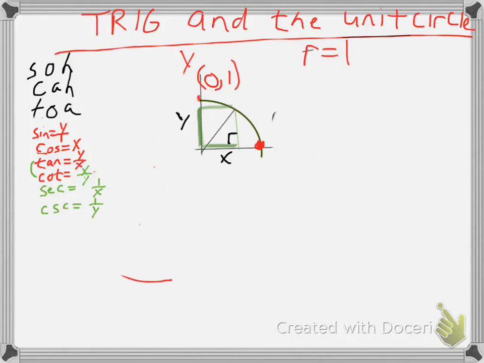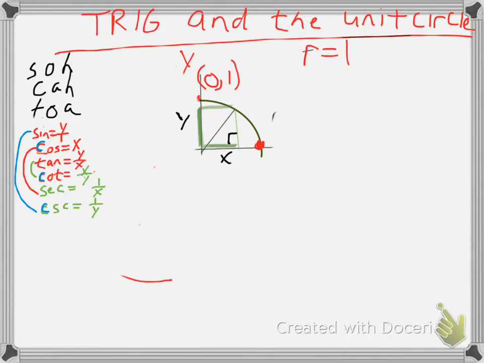Cosine is related to secant in the fact that they're reciprocals of each other. And then finally, sine has a reciprocal relationship with cosecant. So if we set this up, we'll notice a few patterns. Every other identity starts with the letter C. You have a C for cotangent, and you have a C for cosecant.